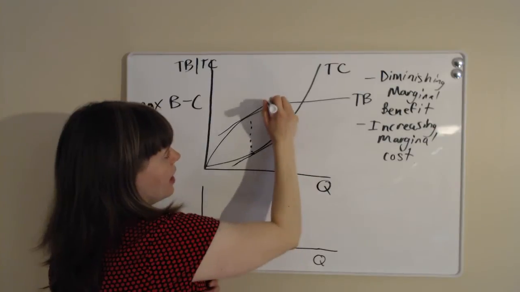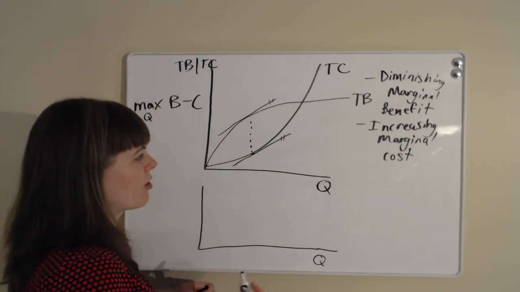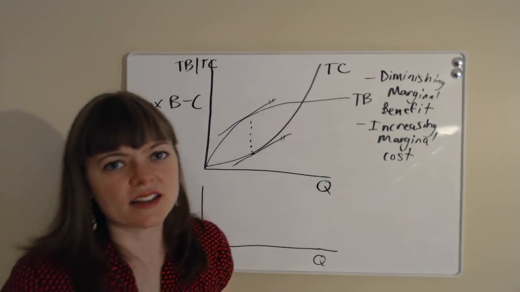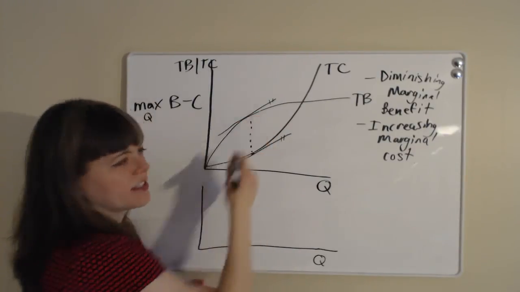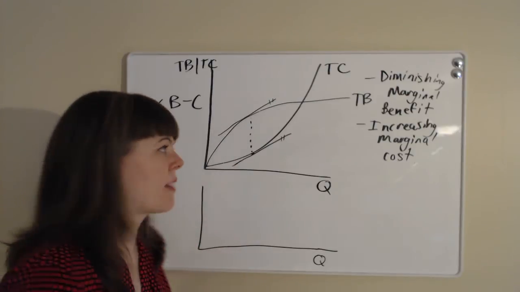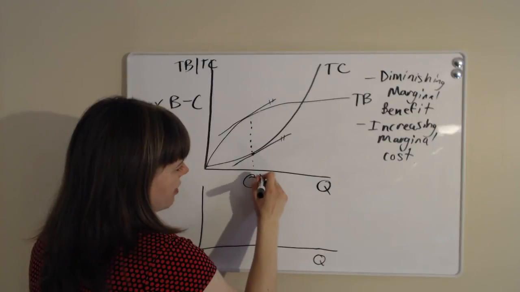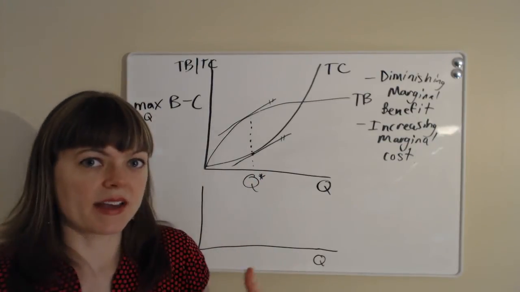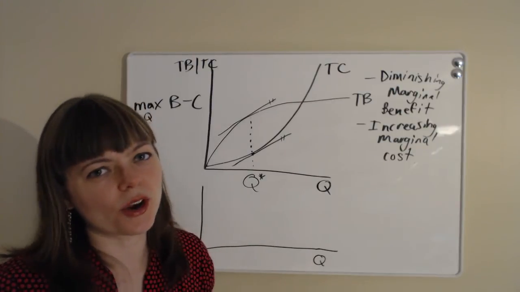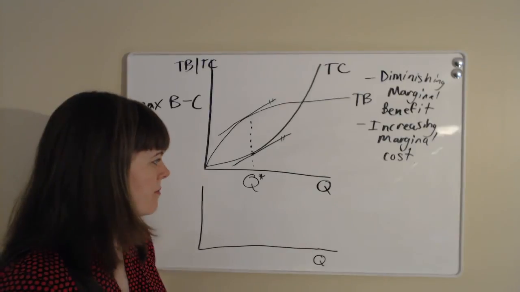So I'm drawing parallel curves here because the slopes at the points of tangency will be parallel. And that's why we use calculus a lot in economics, because these points of tangency end up helping us maximize things. So this will be the point where the quantity of dollars we invest in new development projects will maximize our benefit minus cost, or in this case probably our profit, which is revenue minus cost.